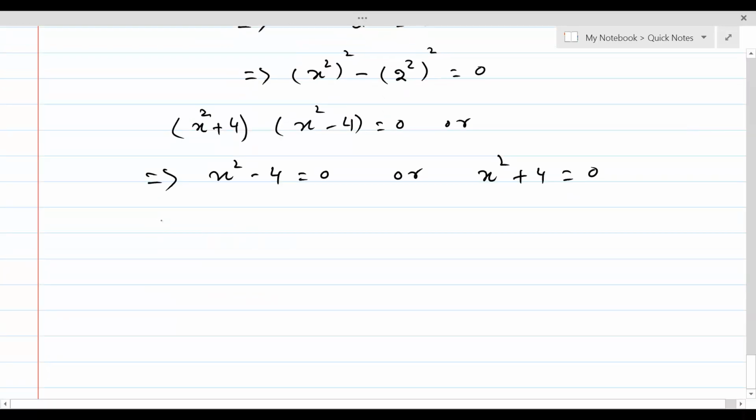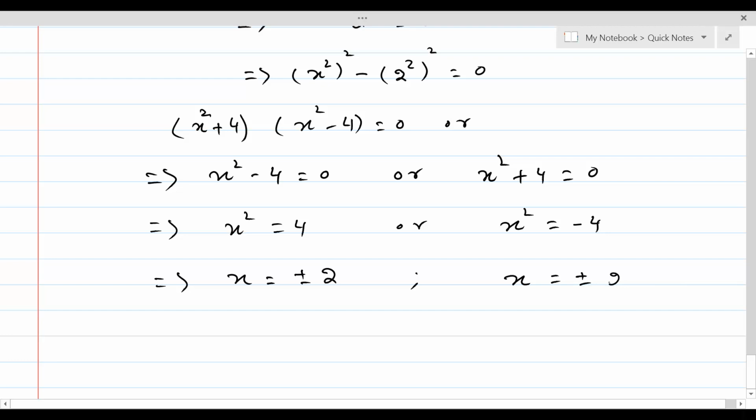If that is the case, then x square is equal to 4, or x square is equal to minus 4. If x square is equal to 4, then x could be equal to plus minus 2, or here x could be equal to plus minus 2 iota.